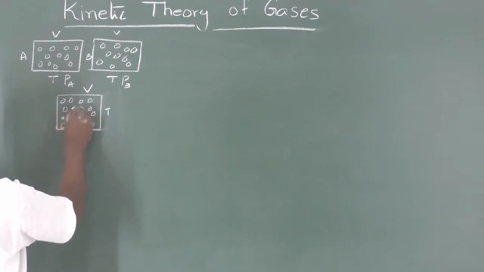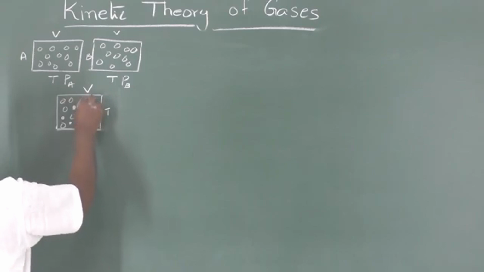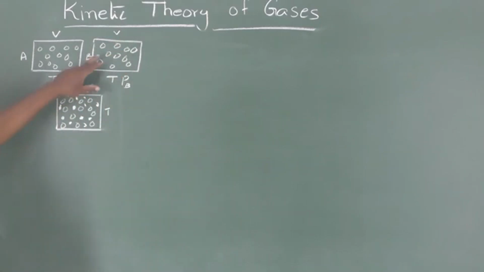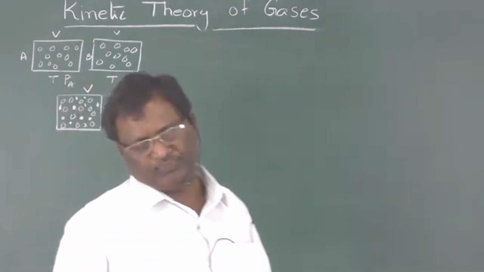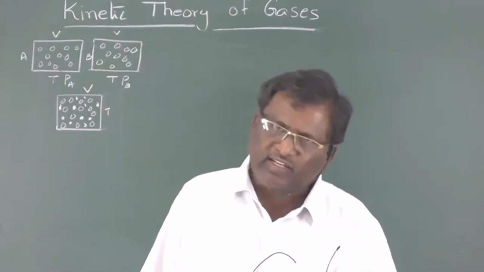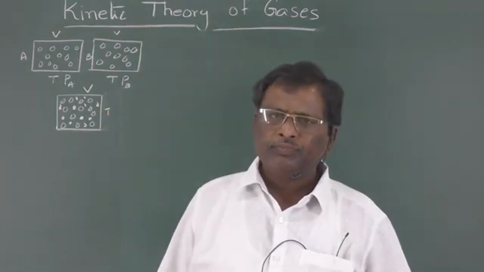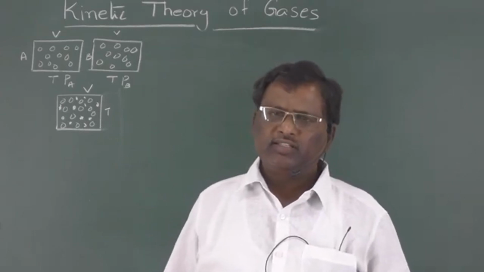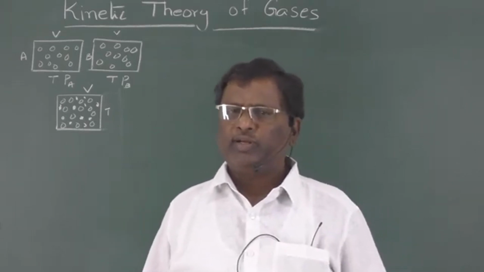Let these be B molecules. Whatever molecules are present here are brought here, and whatever molecules are present there are brought here. So both kinds of molecules are kept in one container of the same volume at the same temperature. Now the pressure is naturally increased, since the amount of substance present in that vessel is approximately doubled.